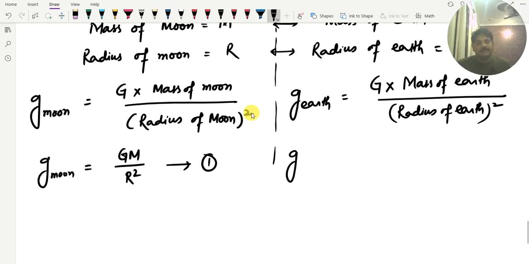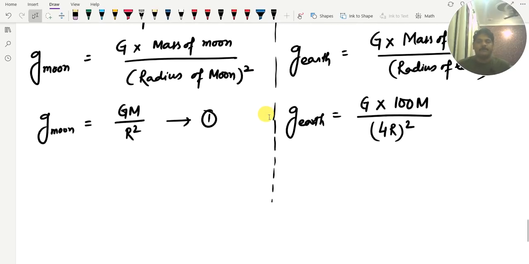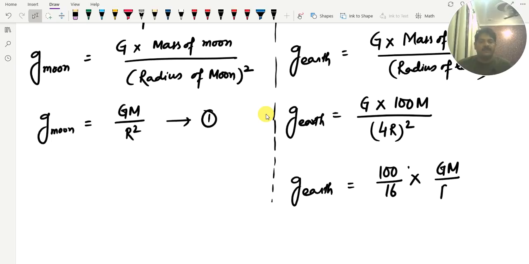Now let us put the values. So G Earth is equal to G, and what is the mass of Earth? Mass of Earth is 100 times mass of Moon, and radius of Earth is 4 times radius of Moon whole square. So we get G Earth is equal to 100 by 16 into Gm upon R square.